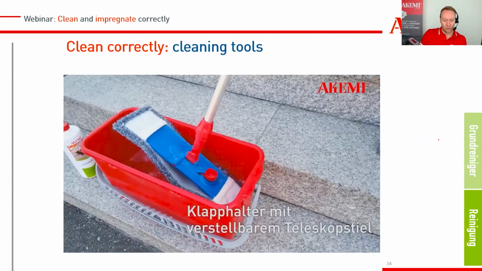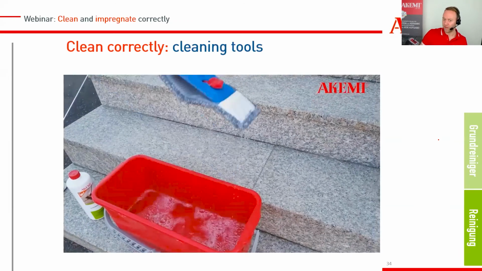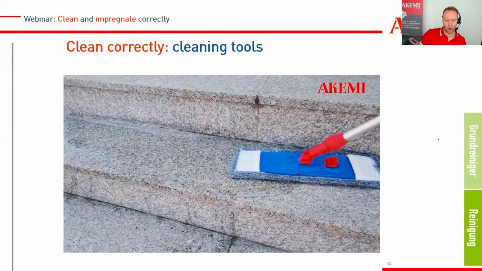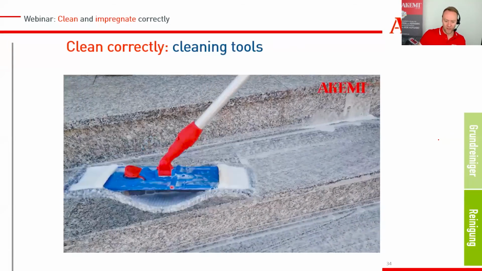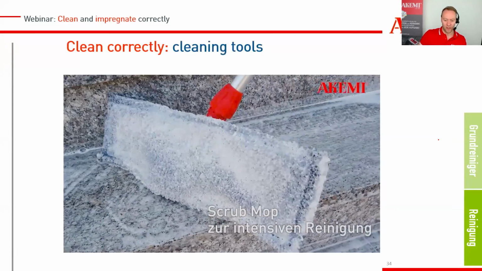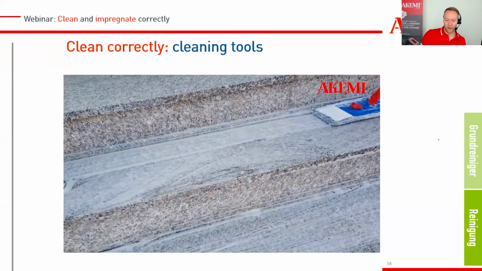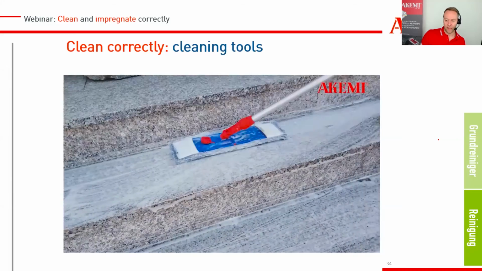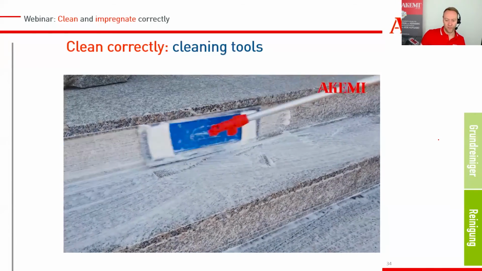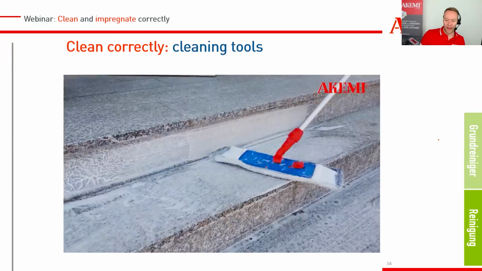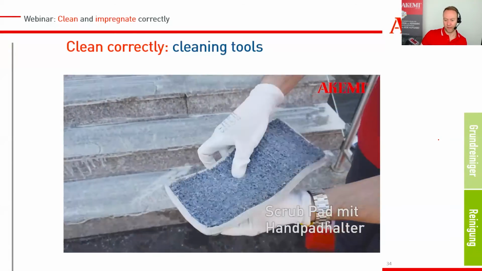And also on flamed surfaces, this works very fine. People are always surprised to use a mop on a flamed, rough surface. But because of this nylon brush, and you can see how it foams, it really comes deep into the flamed surface, and you can apply it in a proper way and get a lot of liquid on the surface.